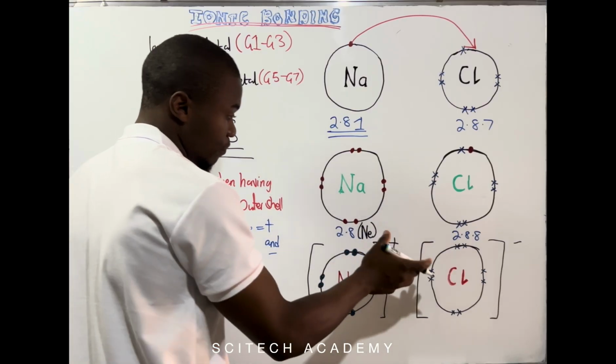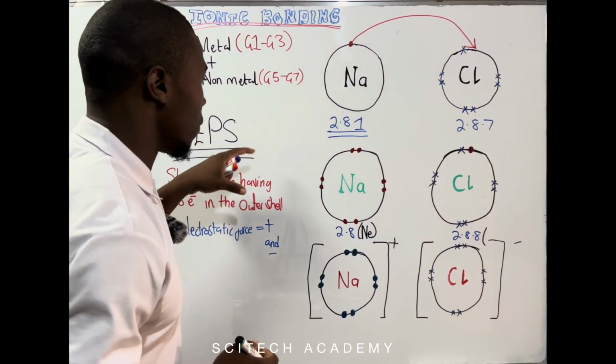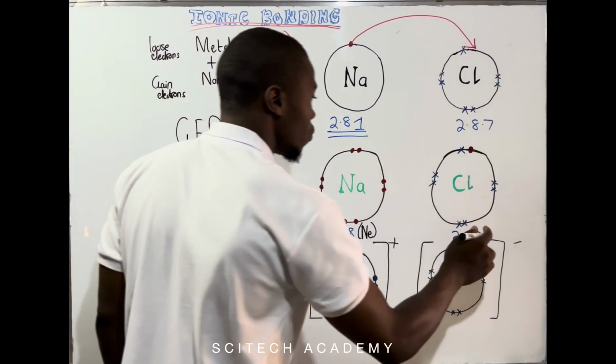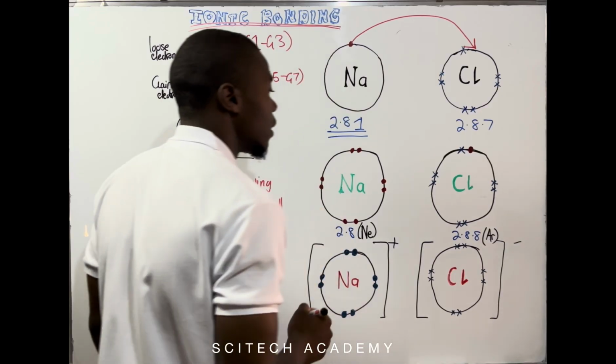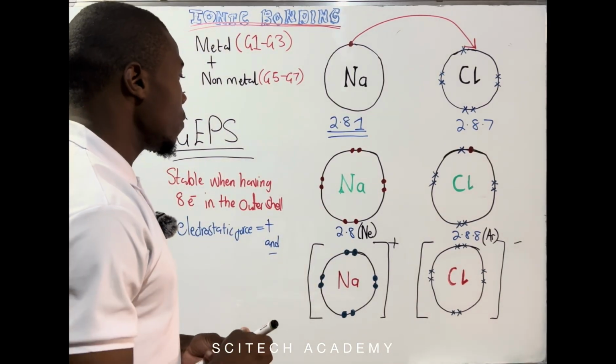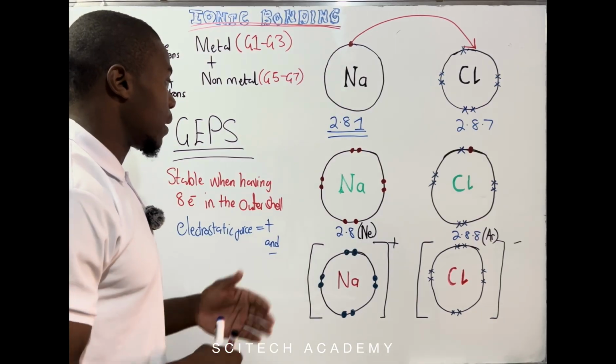But for chlorine, since it's in period 3, according to my principle that period number equals number of shells, it still has 3 shells, so it will assume the electronic structure of argon, and as a result they will be stable enough.